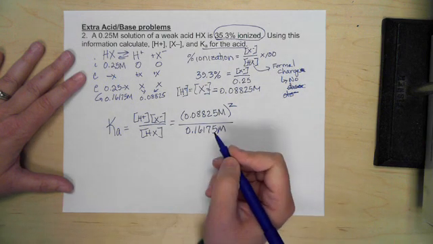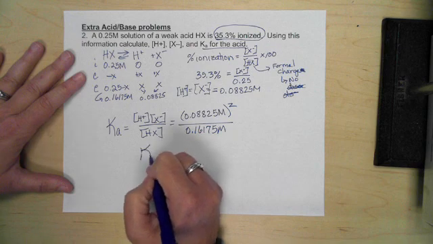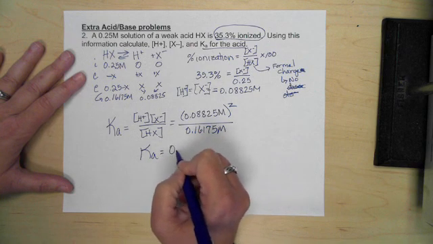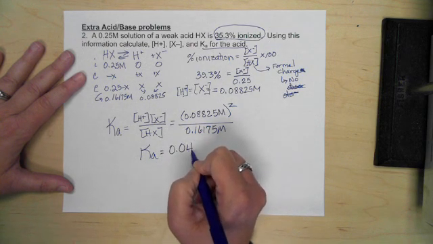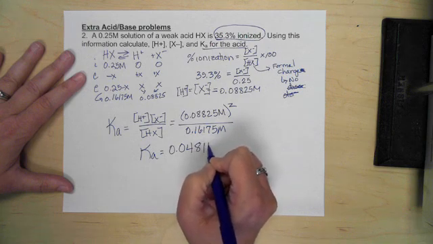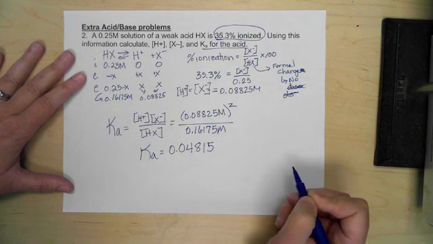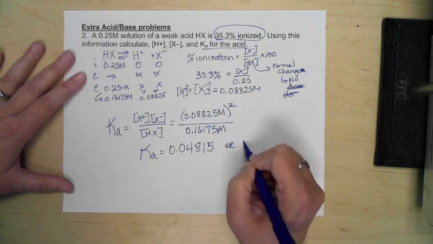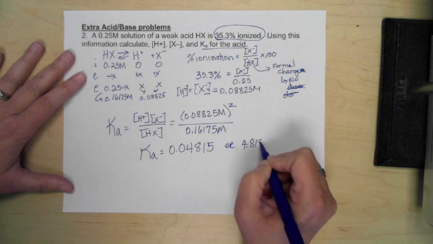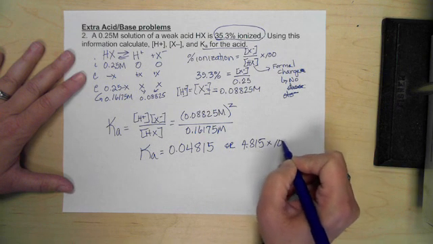Now, we run the numbers and we find out our Ka here is 0.04815, or 4.815 times 10 to the minus 2.